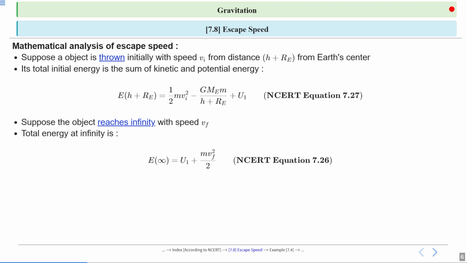At infinity, the total energy is given by E of infinity is equal to U1 plus m vf square divided by 2. This equation shows that the potential energy at infinity and the kinetic energy at this point determine the total energy. Understanding this helps us see how energy conservation plays a role in the escape speed.